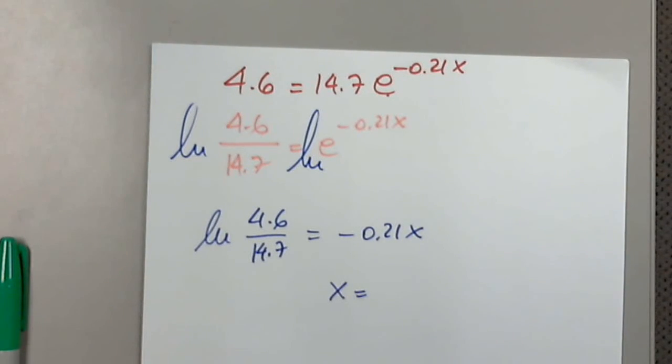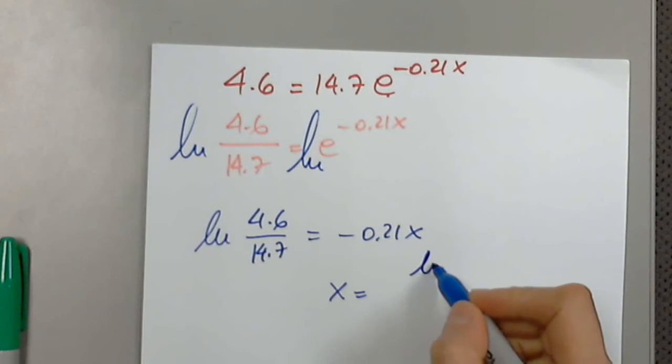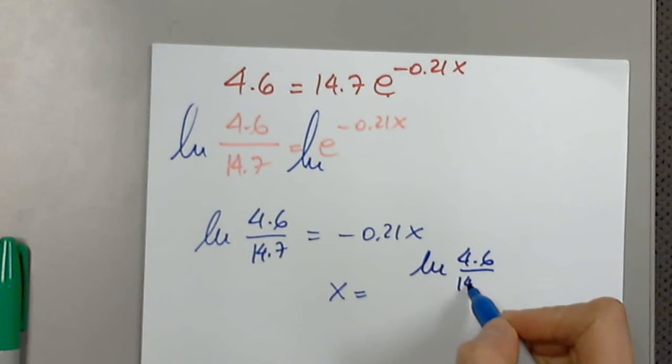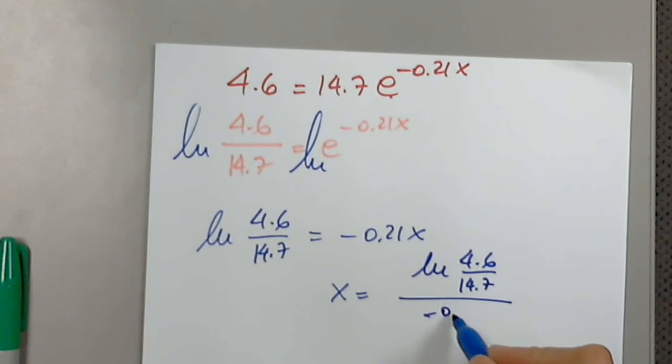Finally, I can find how many miles above sea level the peak of Everest is. Very good. Natural log of 4.6 over 14.7 divided by negative 0.21. With the graphing calculator, I'll do just that.